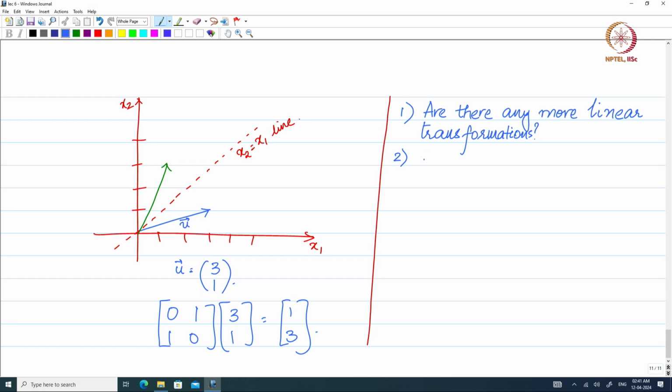How to invert? Can we reverse the effect of a linear transformation? These are the questions that we will take up in the next lecture. Thank you.